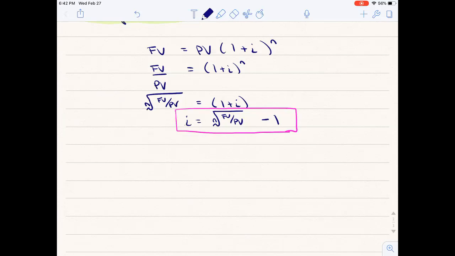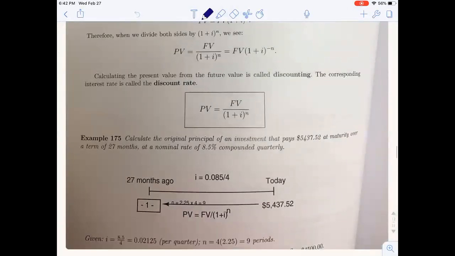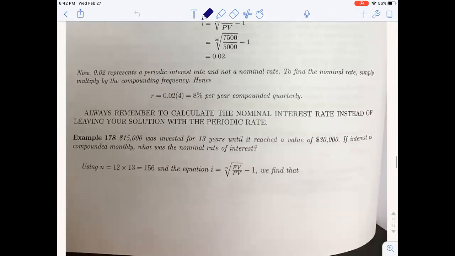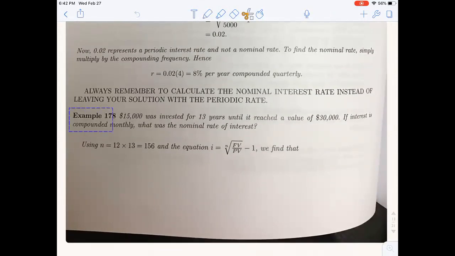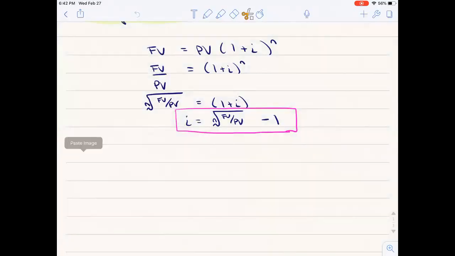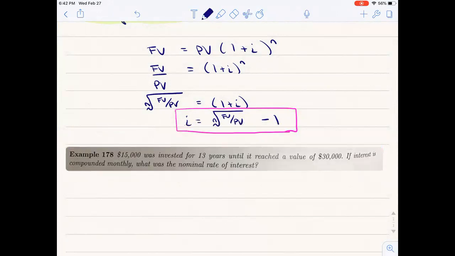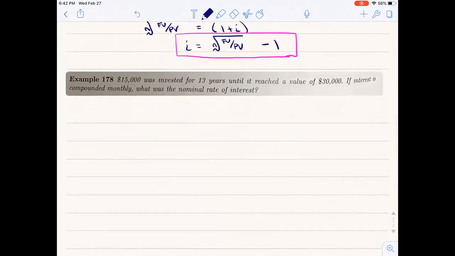Let's have a look at an example then. Example 178. This is a really simple problem, but I'm still going to do a timeline, even though I don't really need one, just to get in the habit of making these timelines.